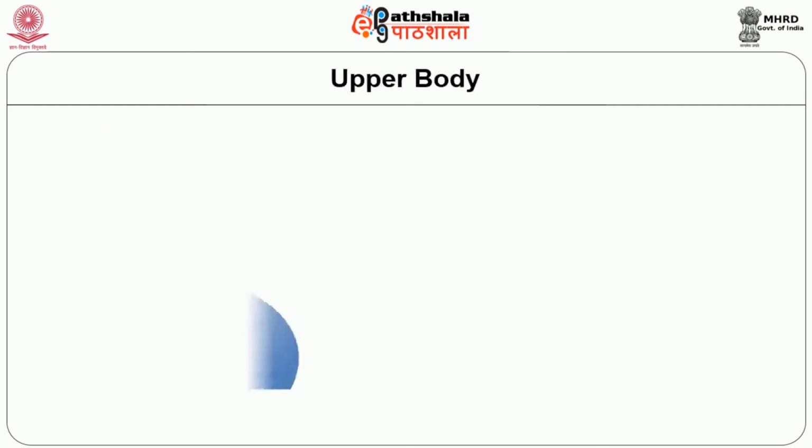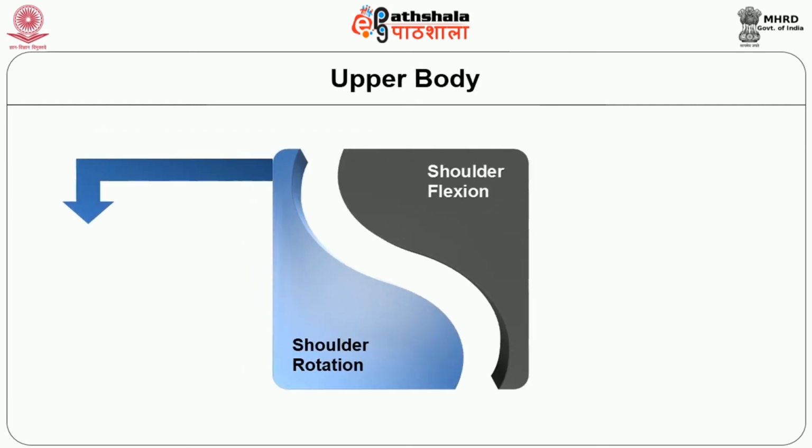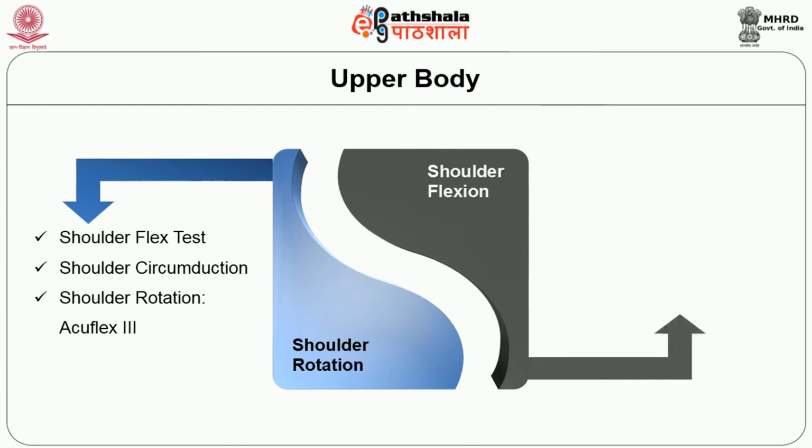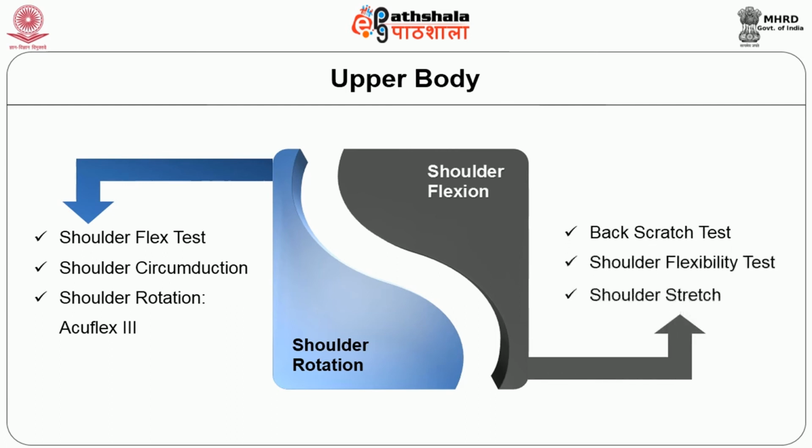For the upper body: shoulder flexion test, shoulder circumduction test, shoulder rotation test. For the shoulder, the back scratch test, the shoulder flexibility test and shoulder stretch test may be conducted.